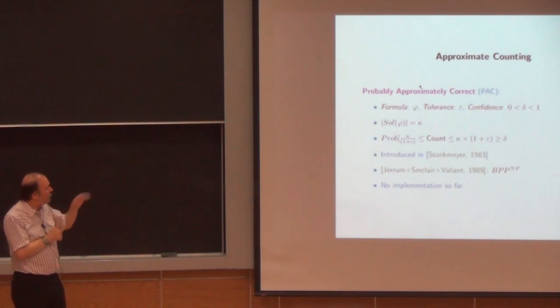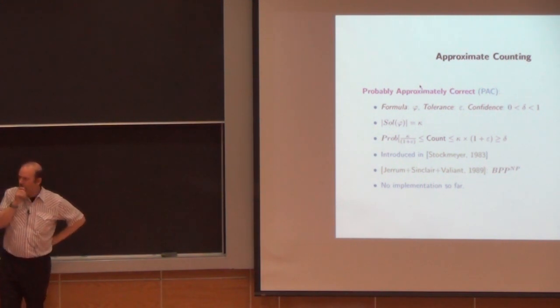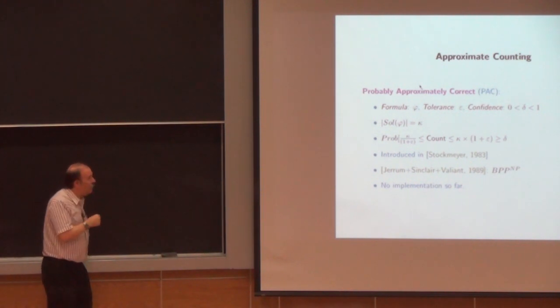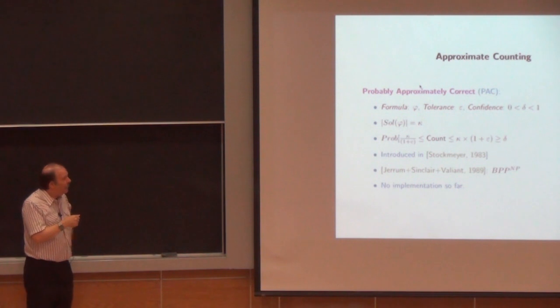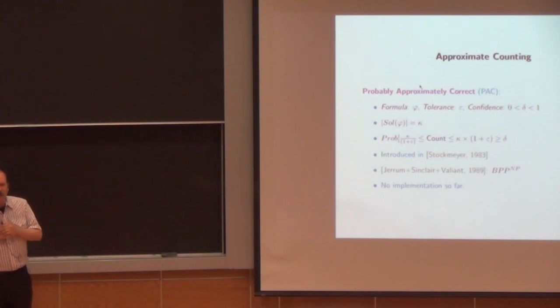And the idea of approximation is called PAC, probably approximately correct. It was introduced by Stockmeyer in 1983. The idea was that you tell me your error tolerance, your epsilon, and I will approximate the answer within a factor of 1 plus epsilon. But also, I'm going to use a randomized algorithm, and I just need my probability to be bigger than some delta, and you tell me what is your delta. You want 90%? Okay. You want 99%?